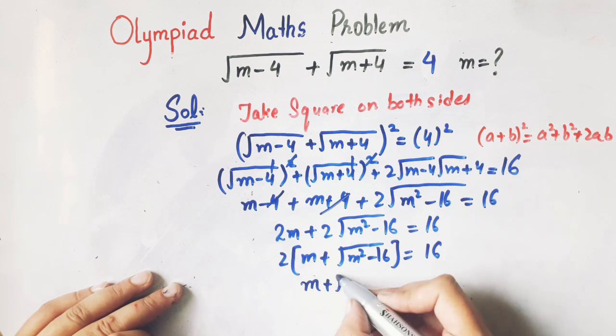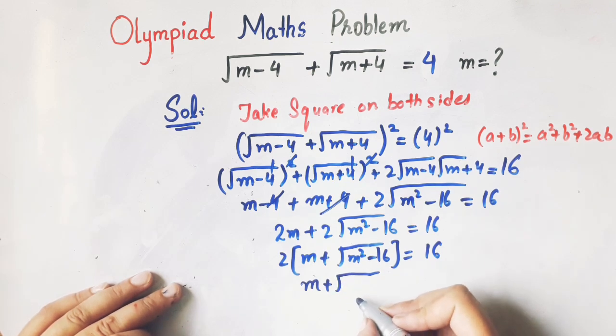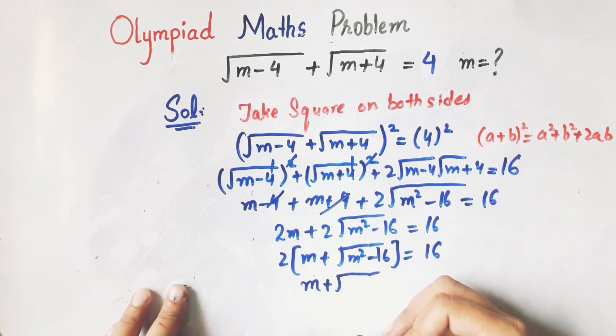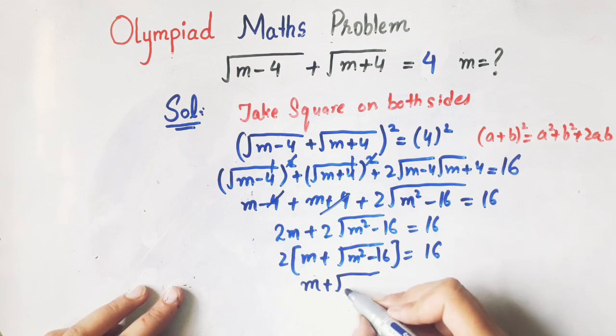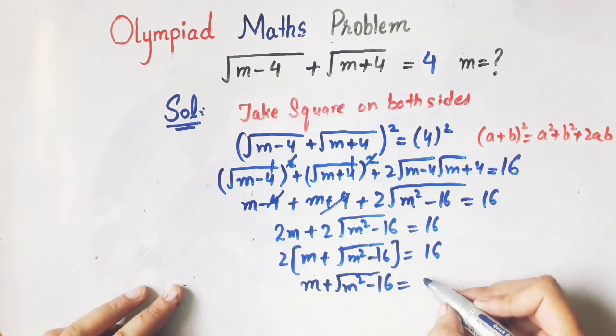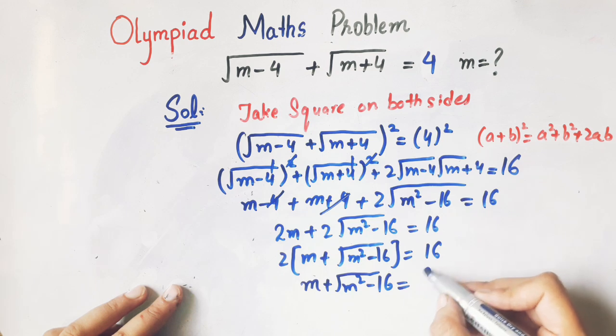We divide by 2, so m plus root of m square minus 16 equals 16 divided by 2, which is 8.